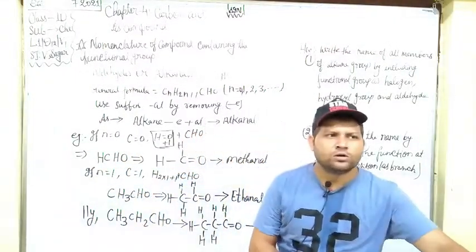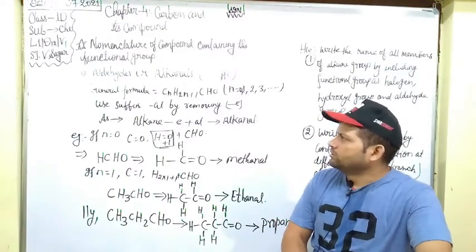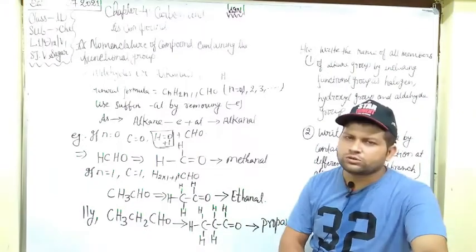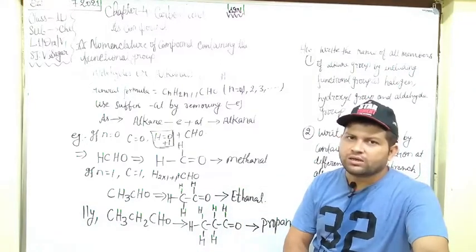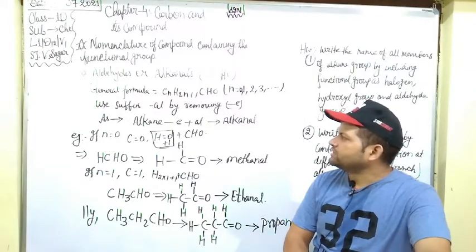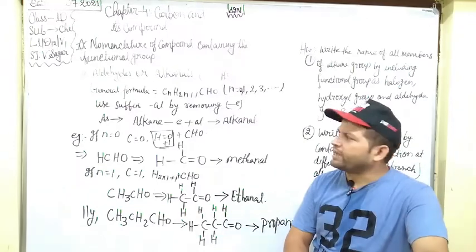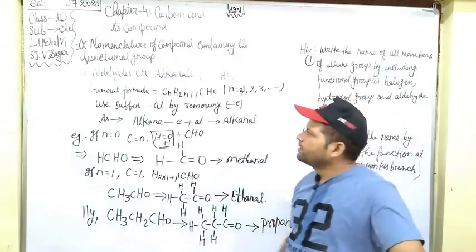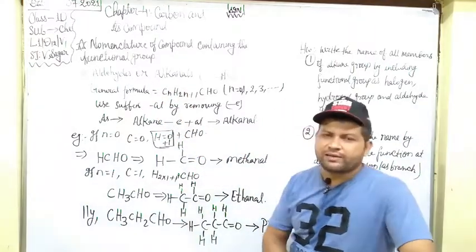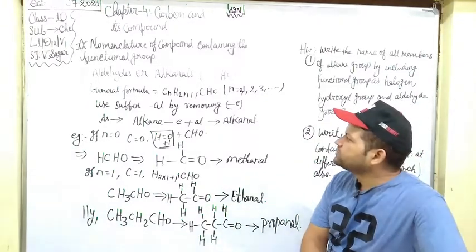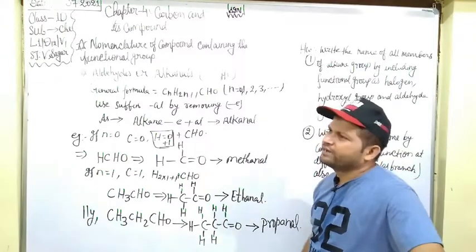Let us watch and understand the nomenclature of compounds which contain aldehyde as the functional group in the parent chain. To write the names of compounds containing the aldehyde group, first of all, we have to know the general formula to write its name.